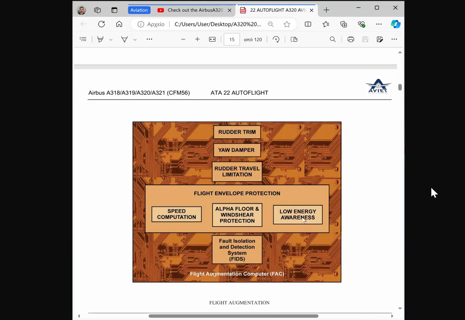In this case, guys, the low energy warning indicates to the crew that the aircraft is quickly decelerating, and the thrust will have to be increased to recover a positive flight path angle through pitch control.